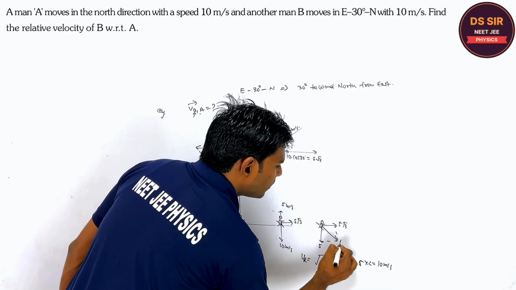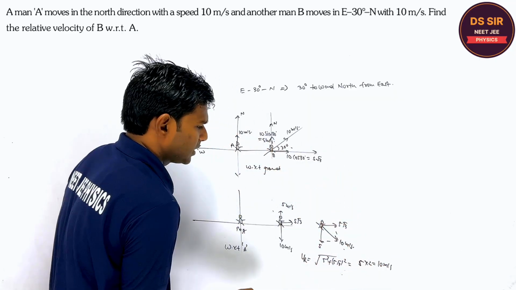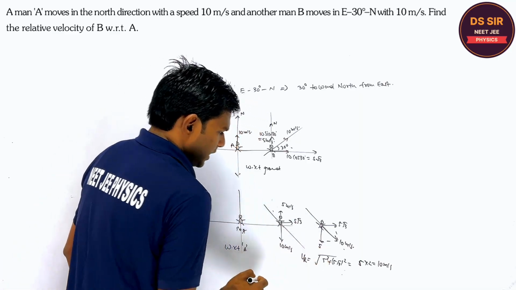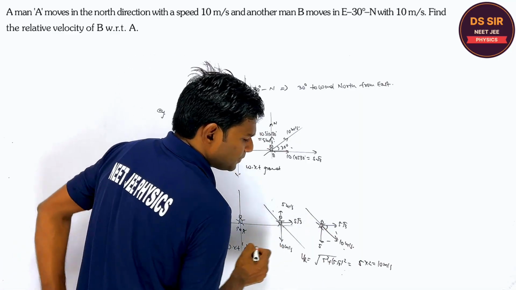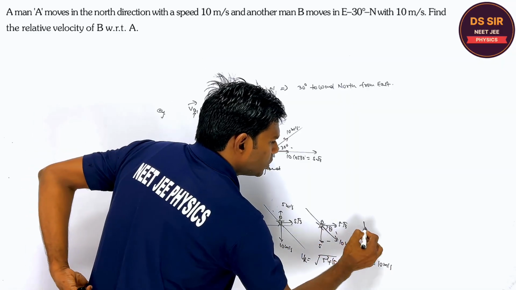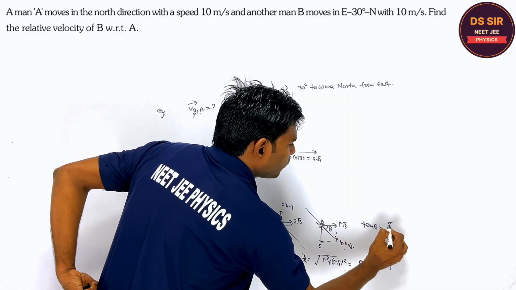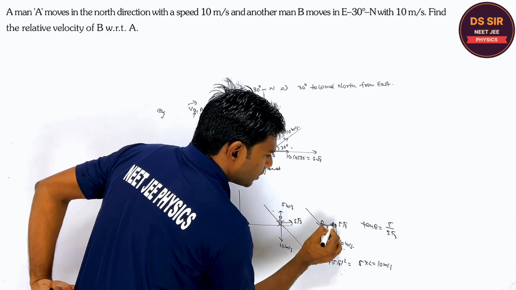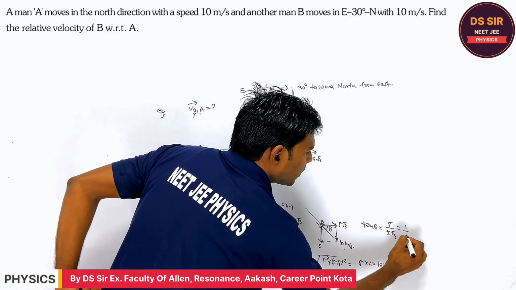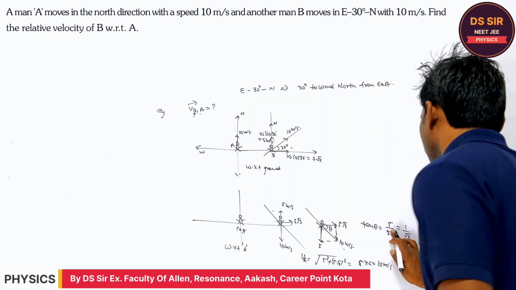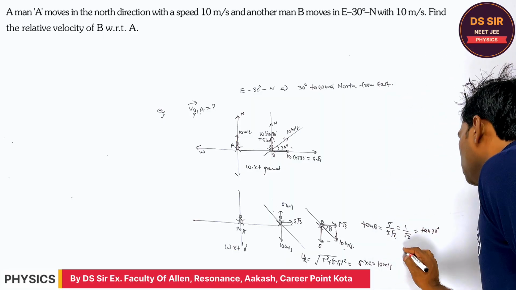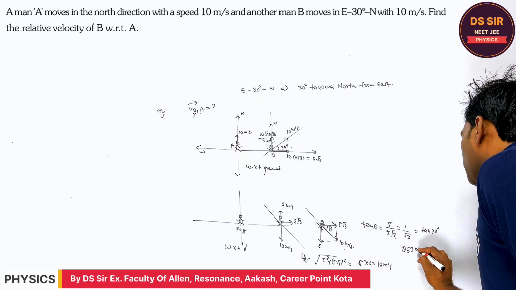So this resultant velocity will be equal to 10 meter per second, right? It is moving in this way, 10 meter per second, and this angle is what? Suppose theta. So what is the tan theta? It is equal to 5 upon 5 root 3, perpendicular upon base. It is 1 upon root 3. All right. It is tan 30 degree. So theta is what? 30 degree.